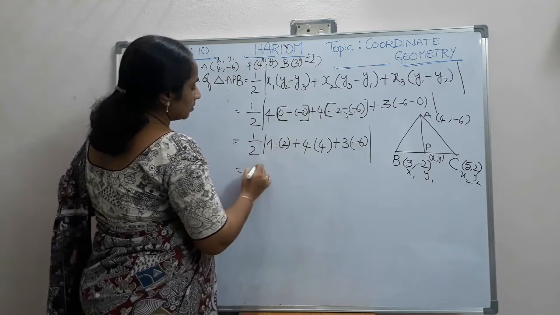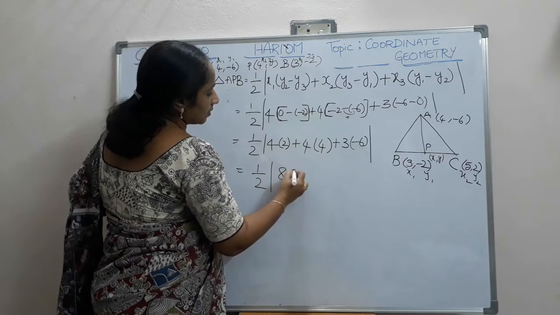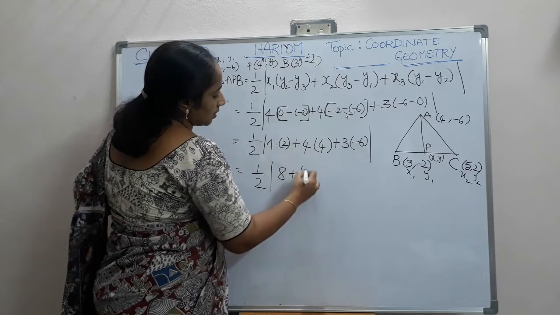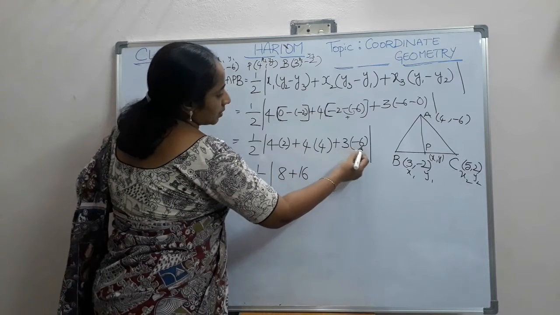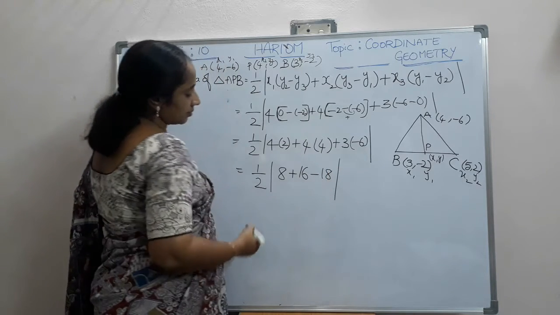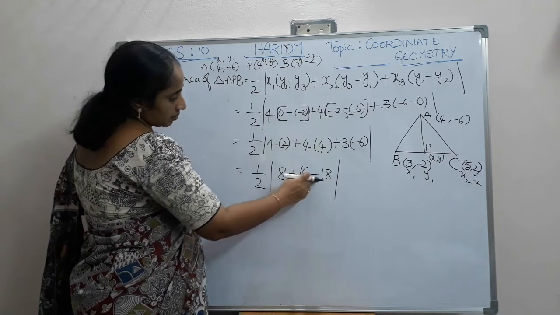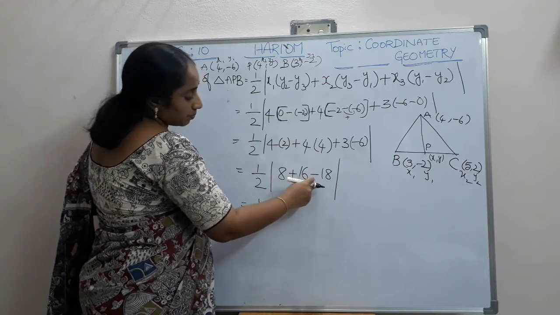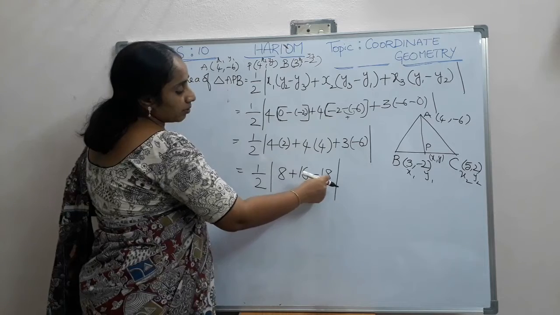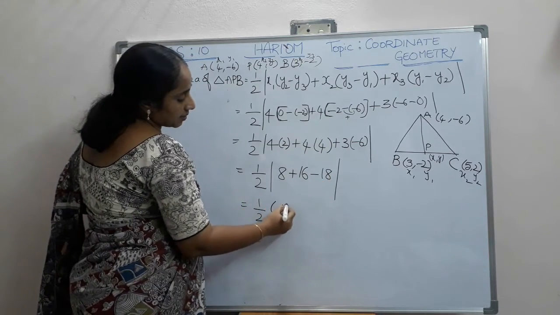That is half of 8 plus 16 minus 18. 8 plus 16 is 24, minus 18 is 6.